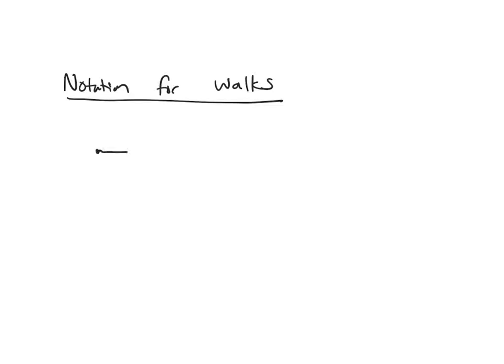So before we look at our first example, let's first talk about the notation that's used for walks. Let's say I have this graph here. This will be vertex 1, vertex 2, and vertex 3 will be there.